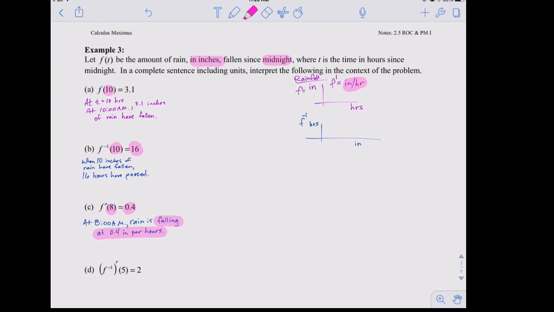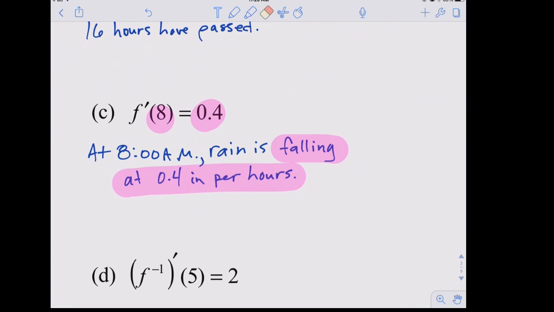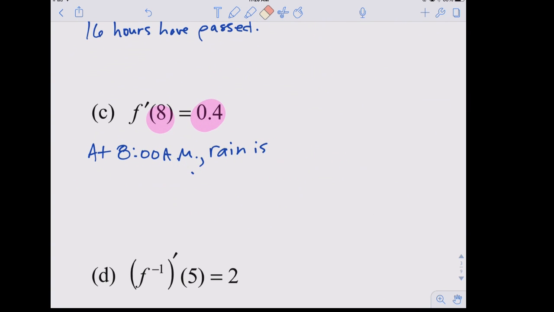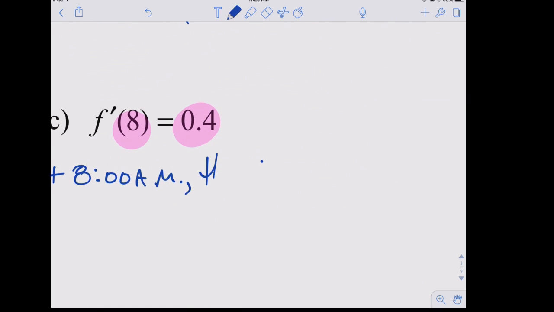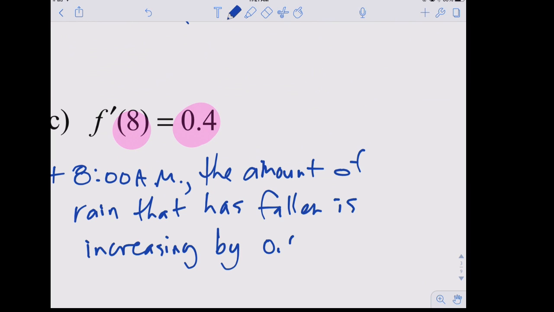Let's go back up here and read again. It's the amount of rain that has fallen. When in doubt, go back to specifically what it tells you. So at 8 a.m., comma, the amount of rain that has fallen is increasing by 0.4 inches per hour.